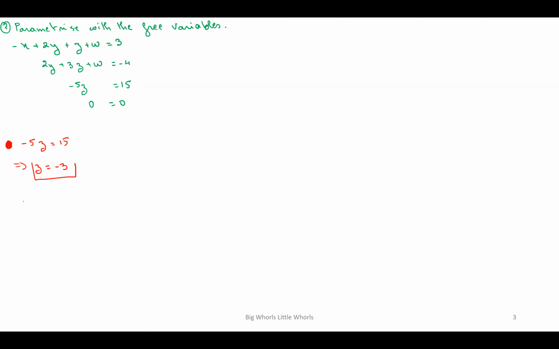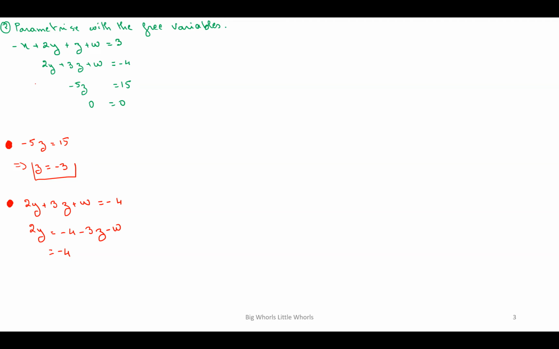Now the second variable: we have 2y plus 3z plus w equals minus 4. So 2y equals minus 4 minus 3z minus w. We know the value of z, but we don't know the value of w.